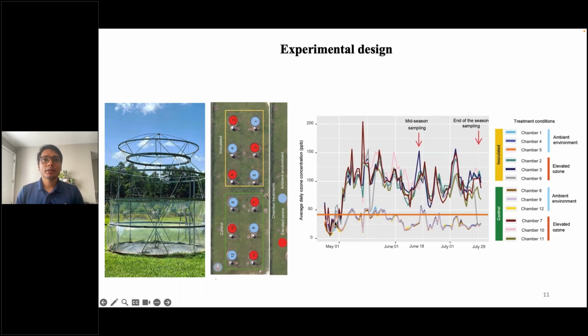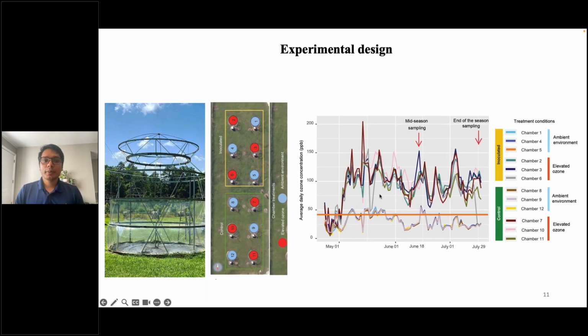Looking at the ozone concentration, the average ozone concentration in the ambient environment was around 30 parts per billion, whereas the average concentration in the elevated chambers was around 90 parts per billion, which is the estimated level of ozone that is supposed to be reached by 2015 per IPCC in the United States.